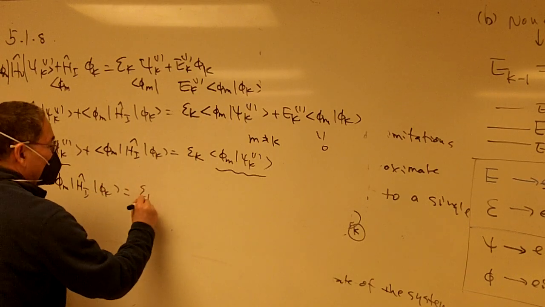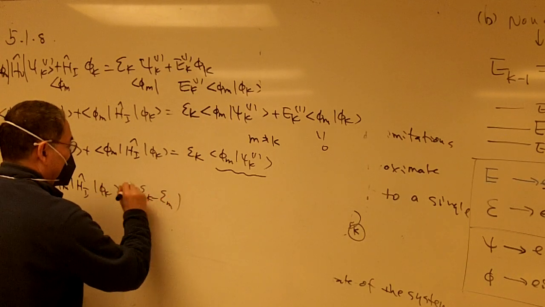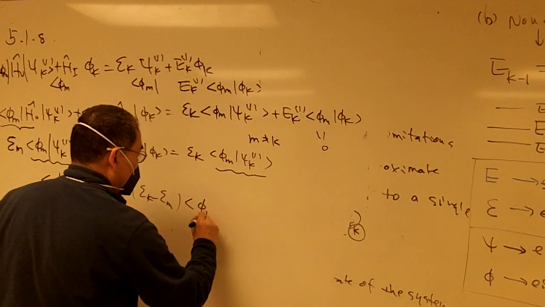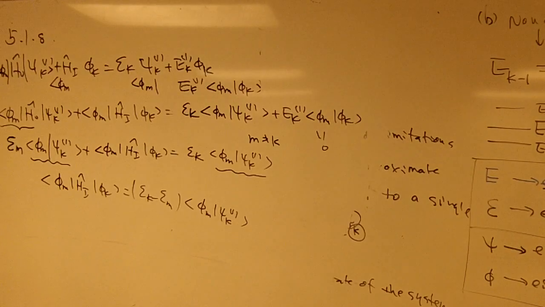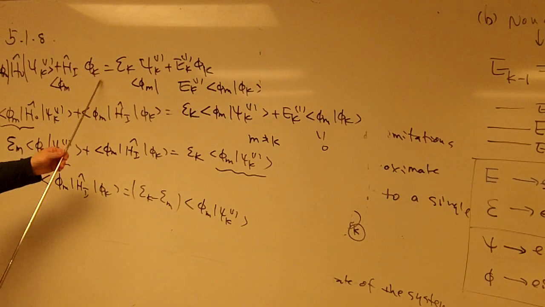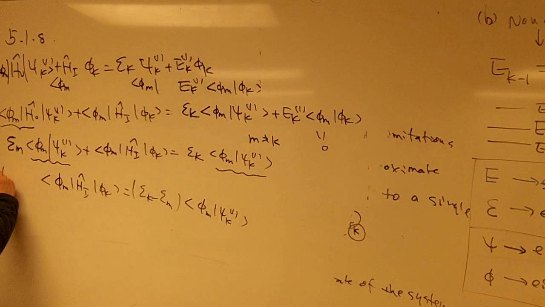So this will be epsilon k minus epsilon m, and then phi m psi k like this. So this is what we have here. This is a step in the textbook which is missed, from here all the way to there. This is equation 5.1.11.